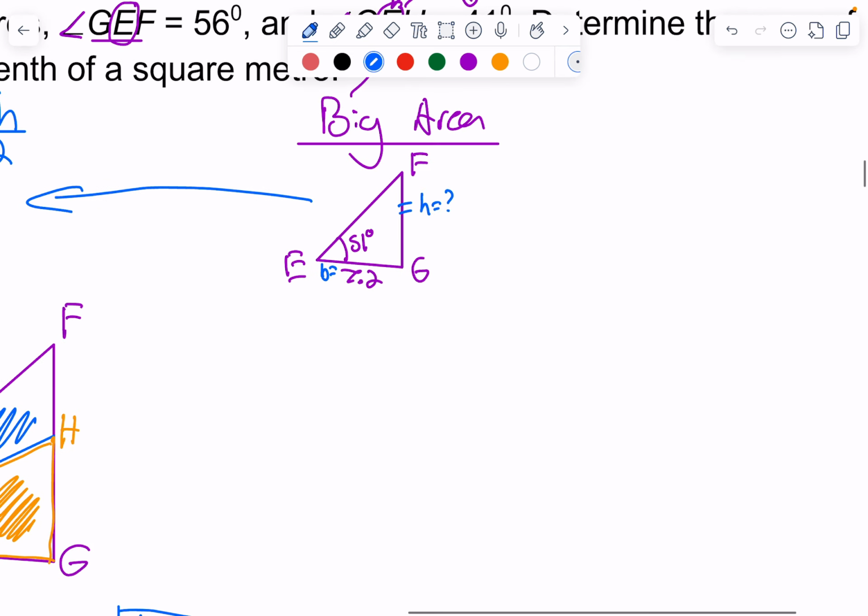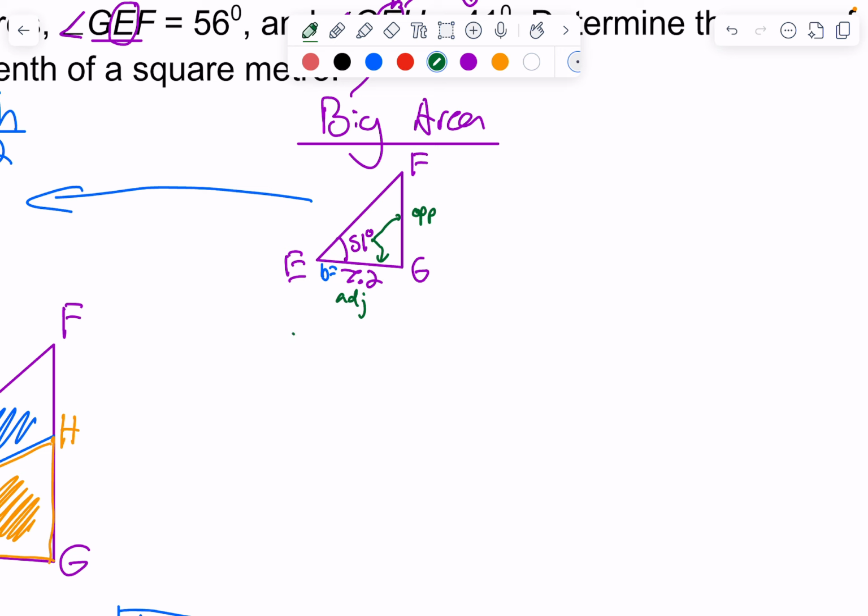So what do we have? What are we looking for? Well, we have an angle, we have the side length that is adjacent to it, and then we are looking for the side length that is opposite. So we are going to use the tan ratio again.